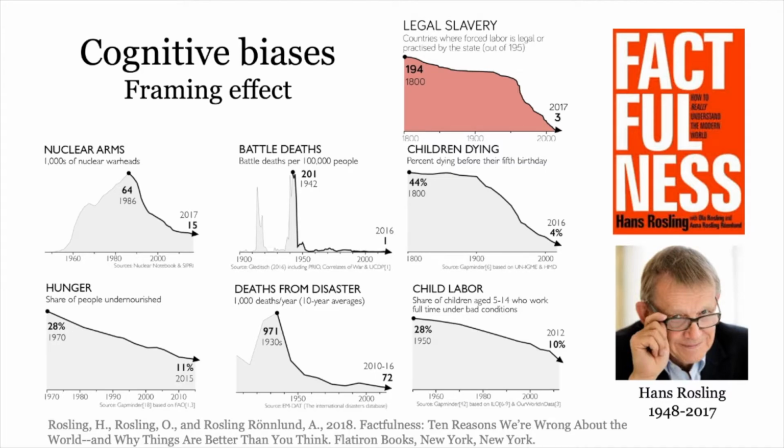So if somebody presents you with a number, for example, that there are still nuclear warheads in the world, if they just present you with the number of nuclear warheads, 15,000, then you may say, that's terrible. We're doing a terrible job as a society, right? We're doing a terrible job as a global community.